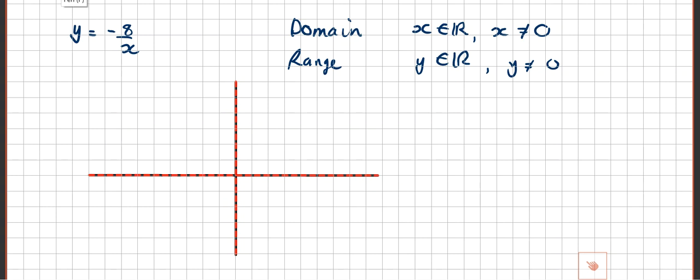So, how does it look? Well, same thing. If I put x equals 1 in, what will y equal? Negative 8. So this time, if I make that there, that's negative 8. Then I know over at negative 1, it will be positive 8. So, like that.